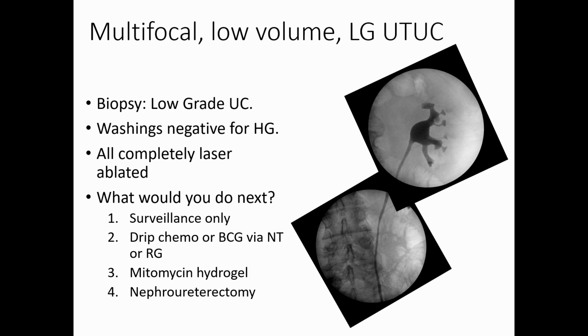So of those options, you would give the patient the option of surveillance versus mitomycin hydrogel? Or would you strongly push for hydrogel treatment? Based on the Olympus trial, I think it was 58% complete response. And of those patients that had complete response, I think it was about 56% that had durable response at a year.